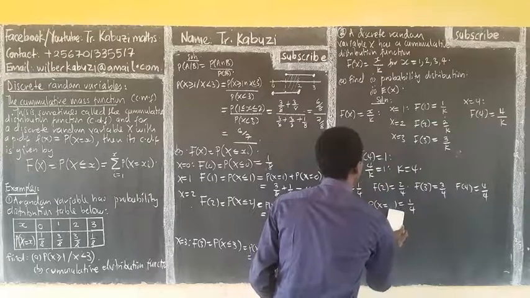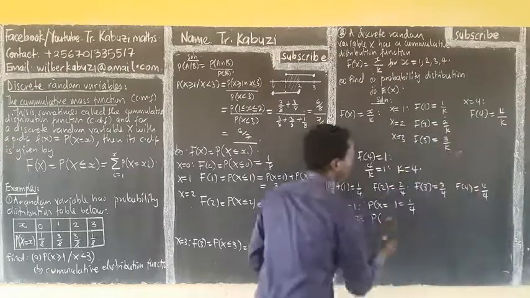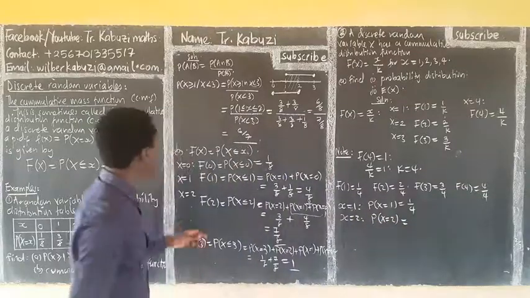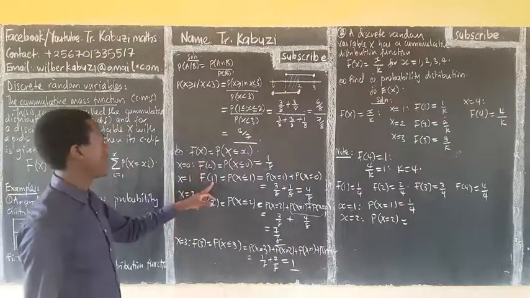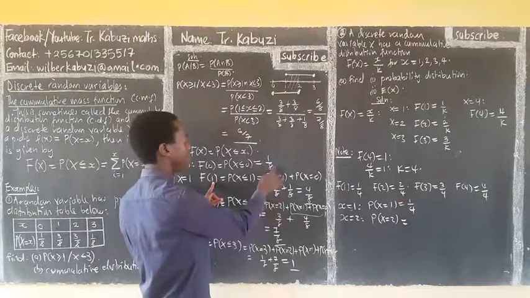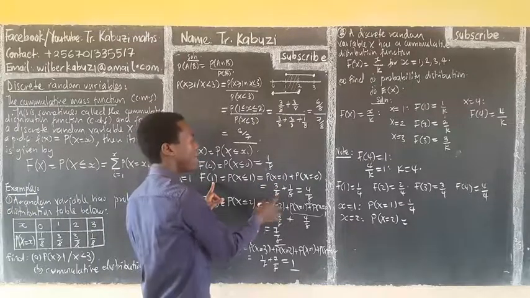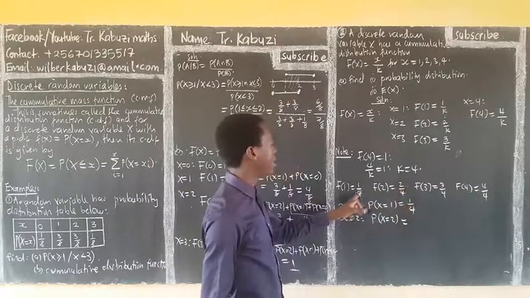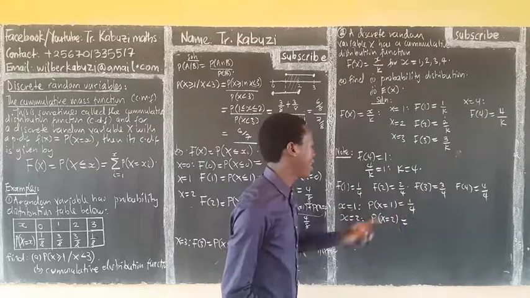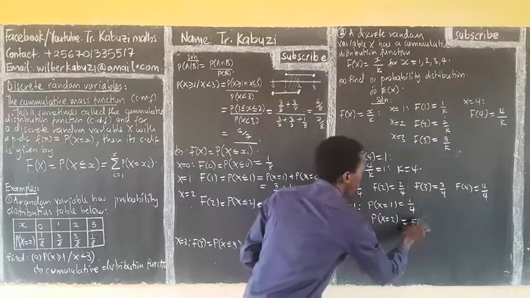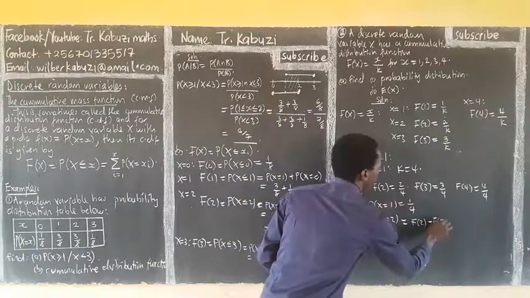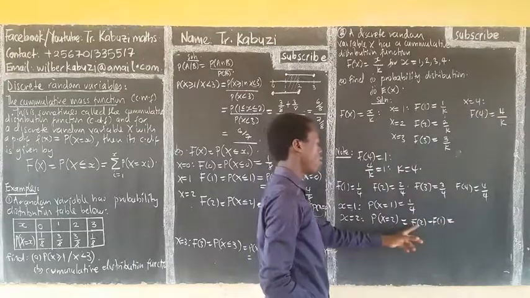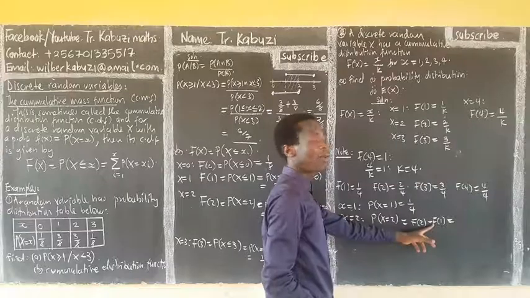Now, when x is 2, look, if we substitute the 1 and add it to the first, then plus this, then to get the other one we take F of 2 minus F of 1. You always take the one corresponding to this, minus the first one.